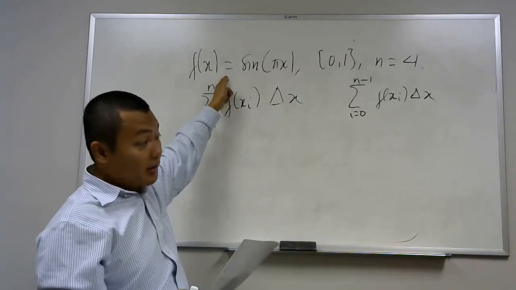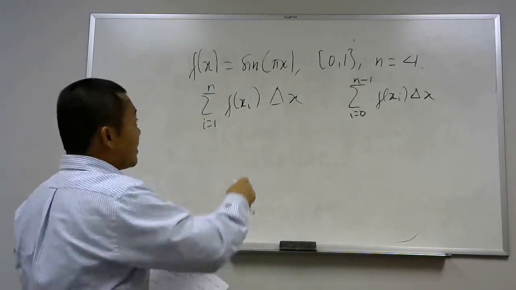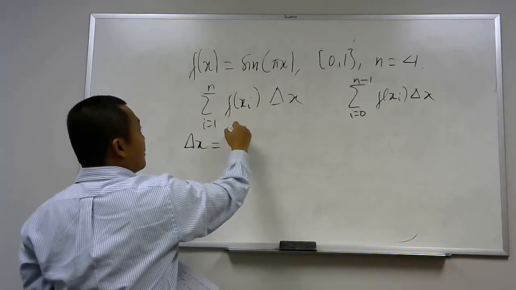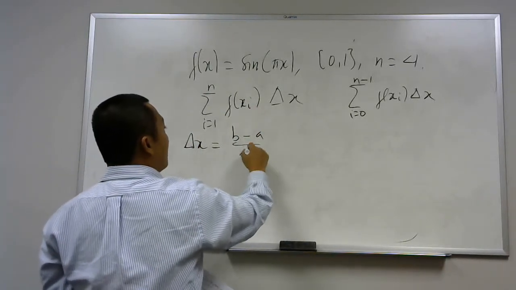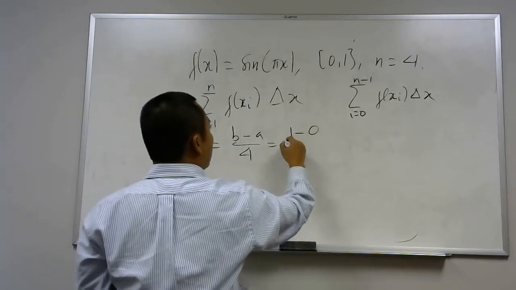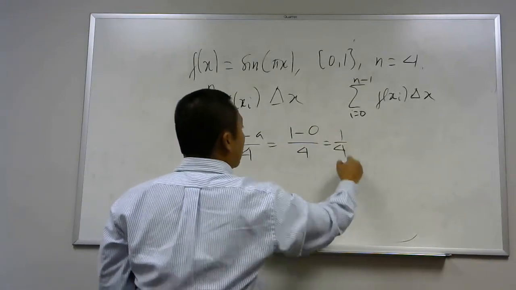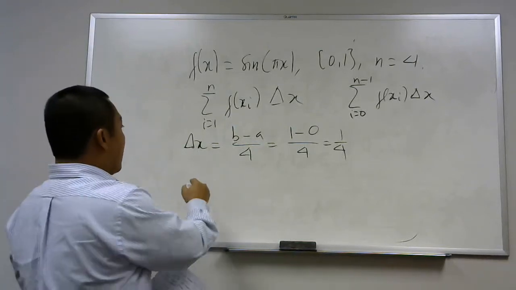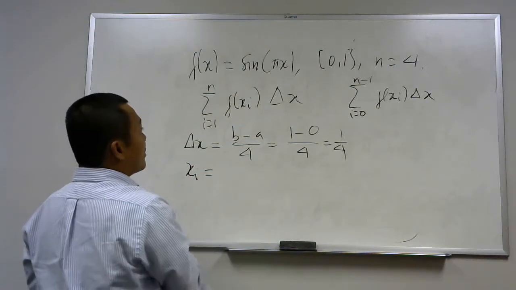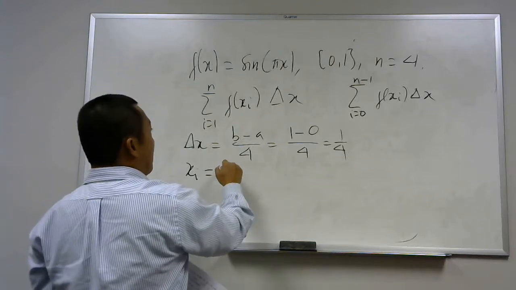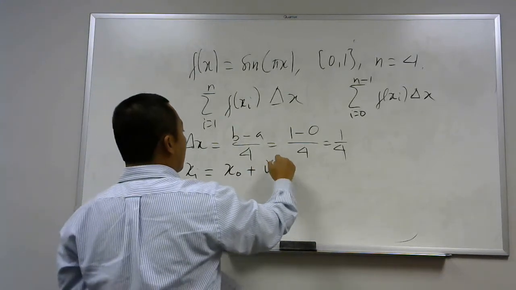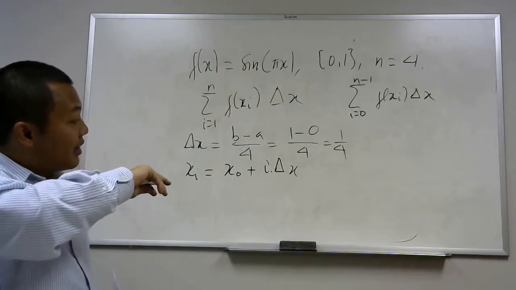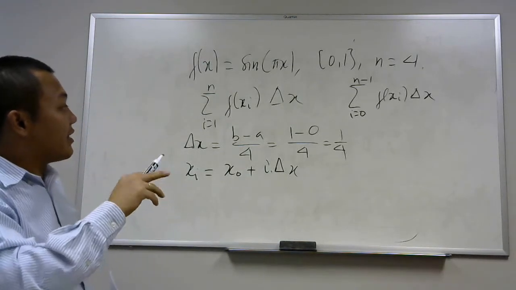Okay? So let's find delta x. Since n is equal to 4, delta x is equal to b minus a over 4, which is 1 minus 0 over 4, that is 1/4. And then xi is equal to x0 plus i delta x. So don't forget about that, because each step is delta x.